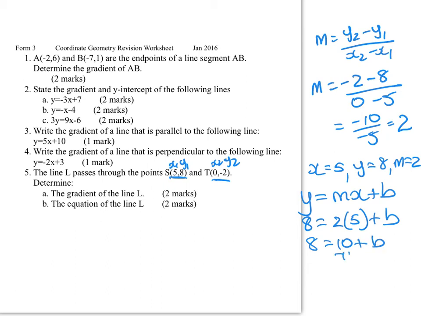We minus 10 from both sides and get minus 2 is equal to b. Therefore, the equation of the line is y is equal to 2x minus 2.